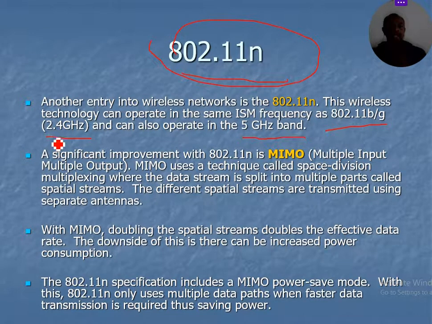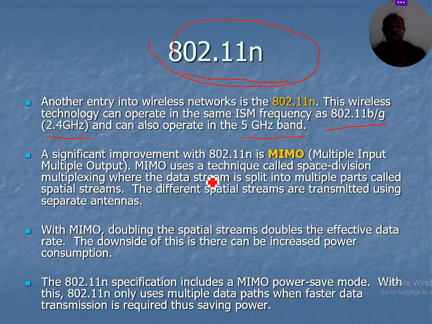It can use the 2.4 bandwidth and also the 5 bandwidth. That's one big advantage of the 802.11n.